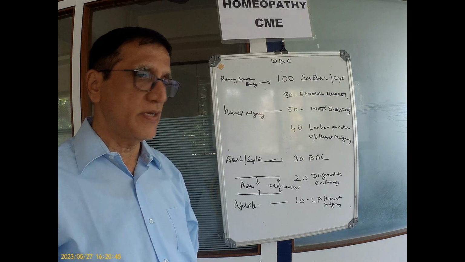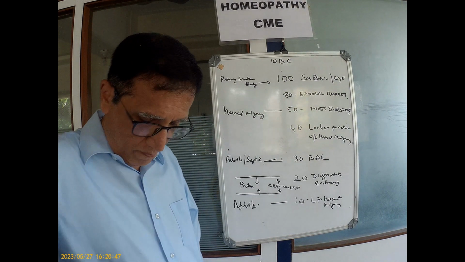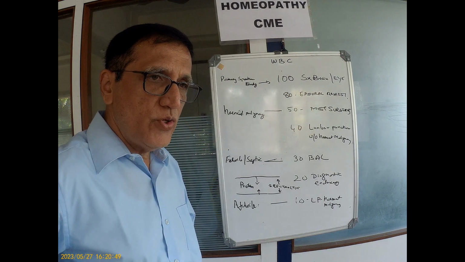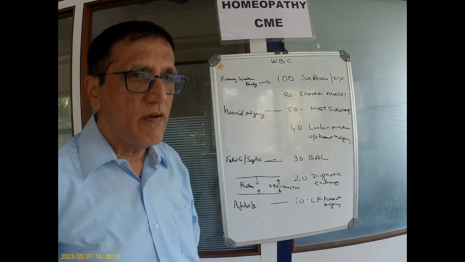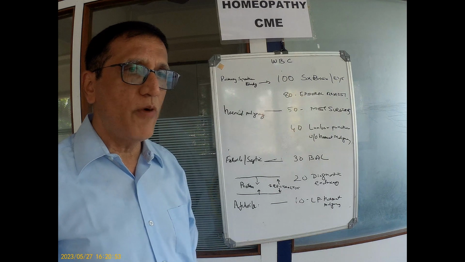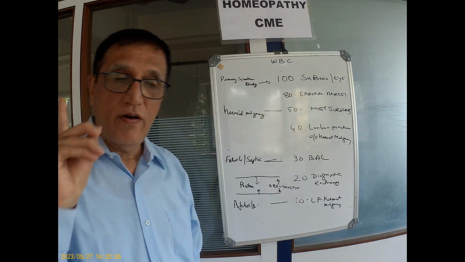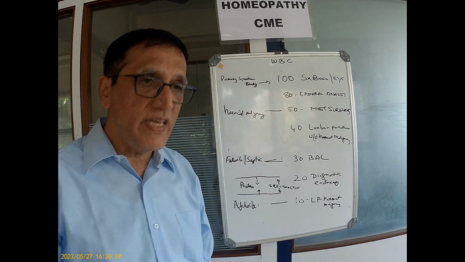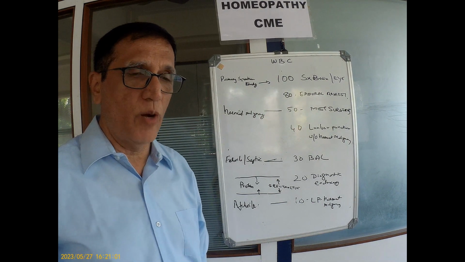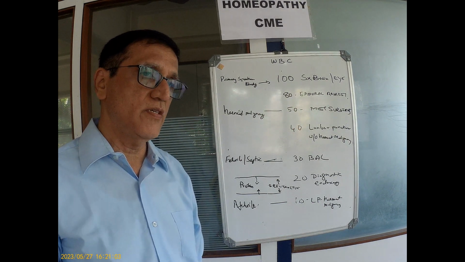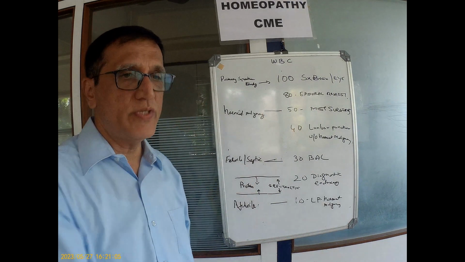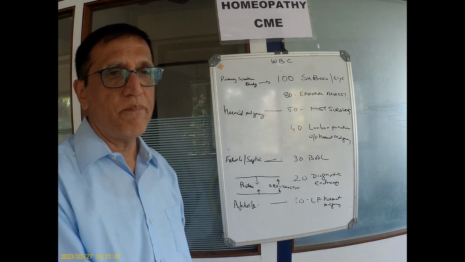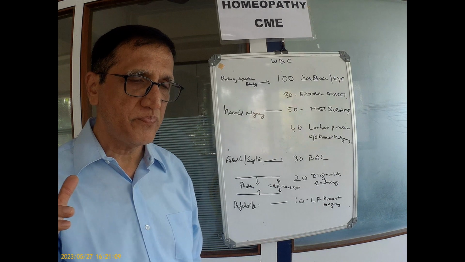Rebound tenderness is when you are pressing and you suddenly let go and the patient winces. This is the rebound tenderness of appendicitis. But when you get it in dengue, you get it all around in the lower abdomen. That tells you that yes, now your peritoneum has been involved.